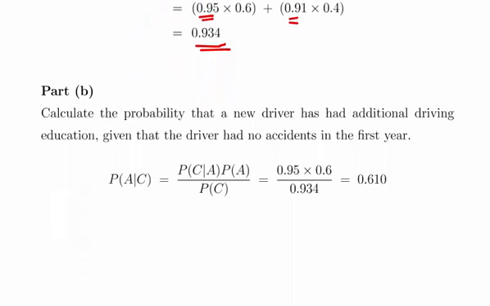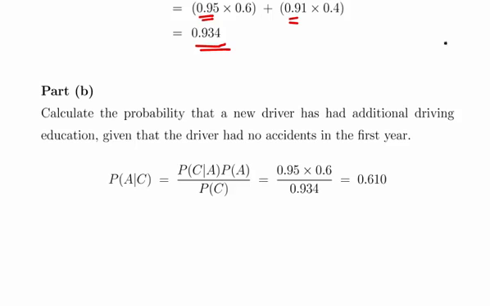Now, the important thing with these types of questions is to be careful about what you're actually being asked and think about it. When you're given A given C or C given A, put a lot of thought into it. So, calculate the probability that a driver has had additional driving education given that the driver has had no accidents in the first year.